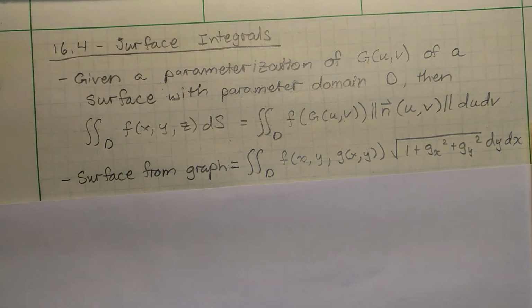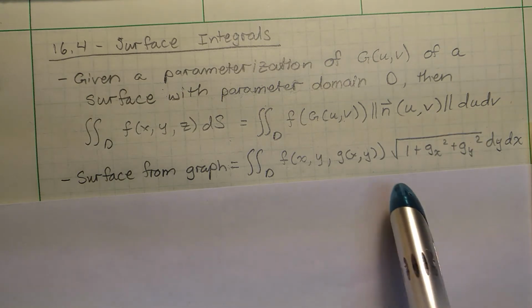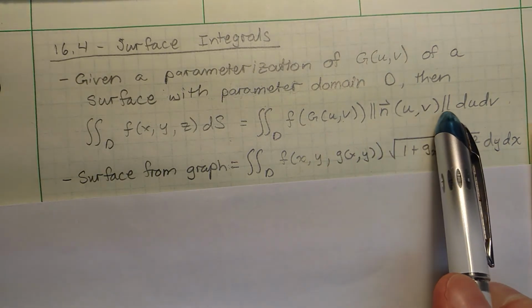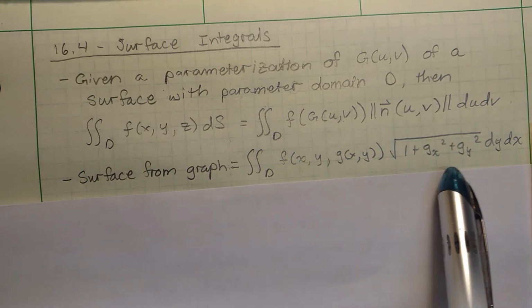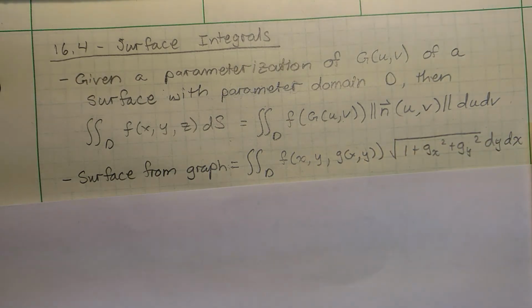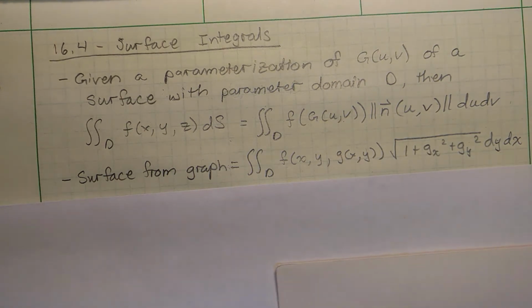Then when we do the cross product, we get our normal vector, and when we take the magnitude, we get that square root of 1 plus the partial of g with respect to x squared plus the partial of g with respect to y squared. So that's where we get this formula from. It makes sense once you take a look at that, and you could go back and start this completely and calculate it, but this is just a quicker way. We just know it's this, so we don't have to go through the process of calculating it. We're just saving ourselves that time.